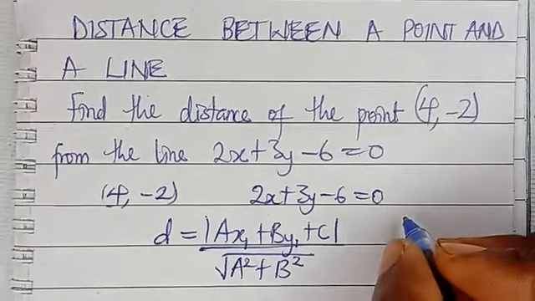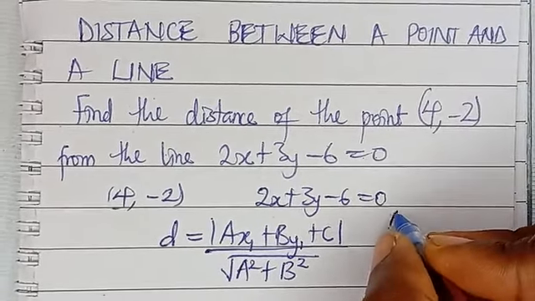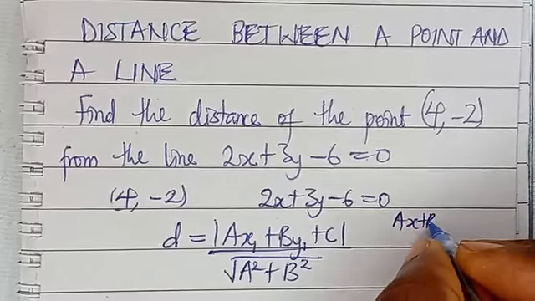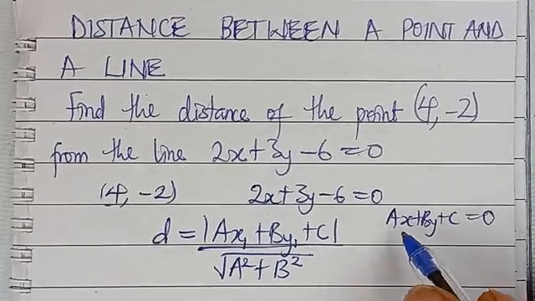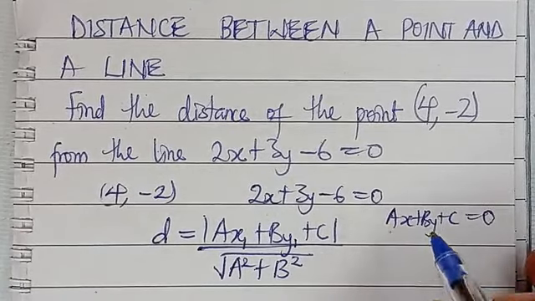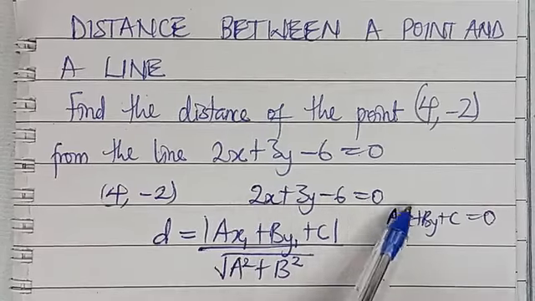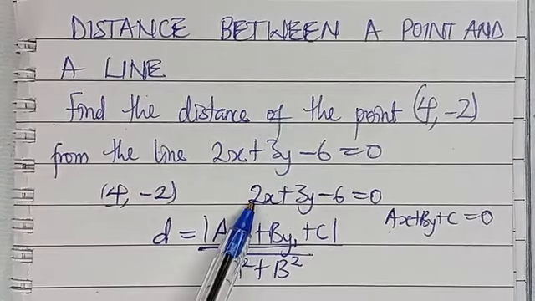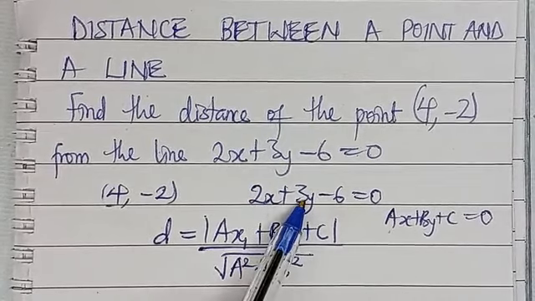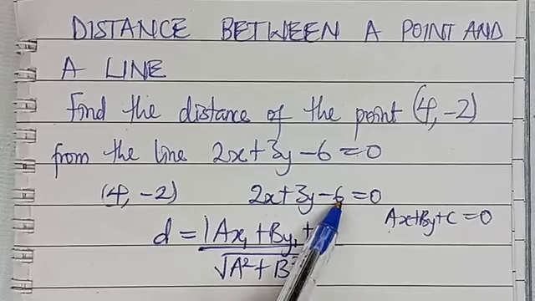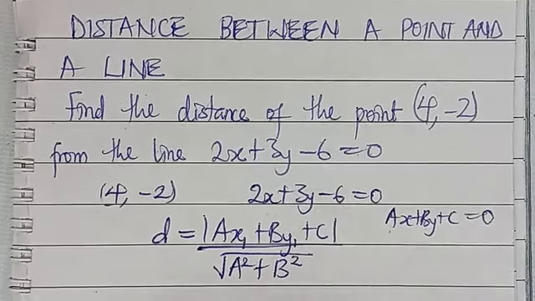Linear equations are usually written in this general form: ax + by + c = 0. Therefore, a, b, and c represent the constants in a linear equation like this. So a is the coefficient of x, b is the coefficient of y, and c is the constant of that equation.